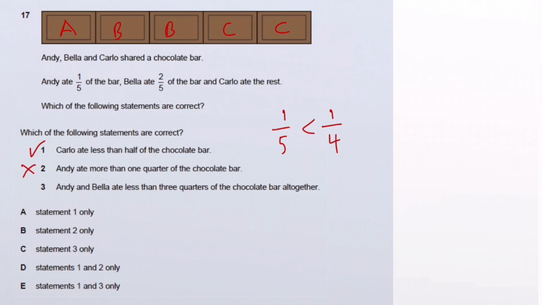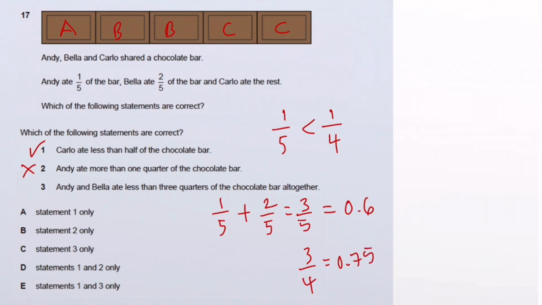And third, Andy and Bella ate less than 3/4 of the chocolate bar altogether. So Andy ate 1/5, Bella ate 2/5, which makes 3/5. So 3/5 is equal to 0.6, and 3/4 is equal to 0.75.